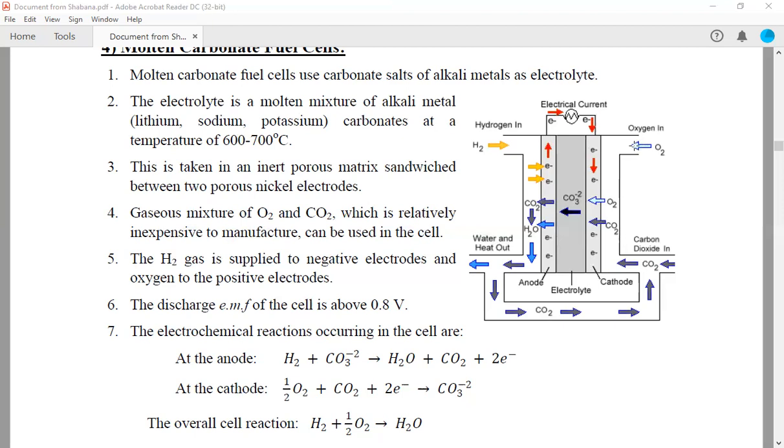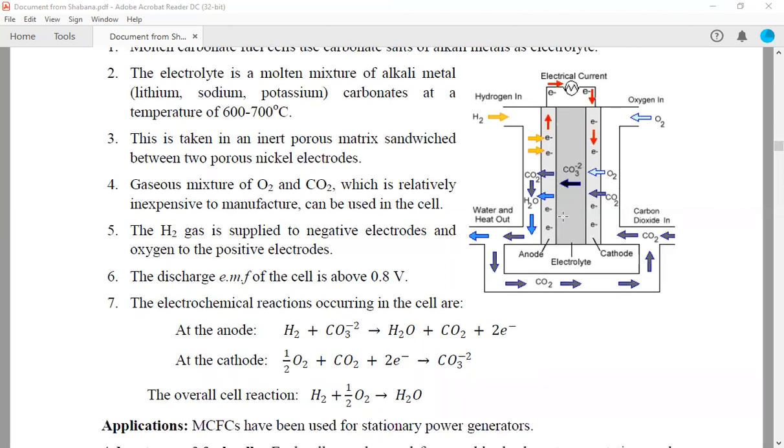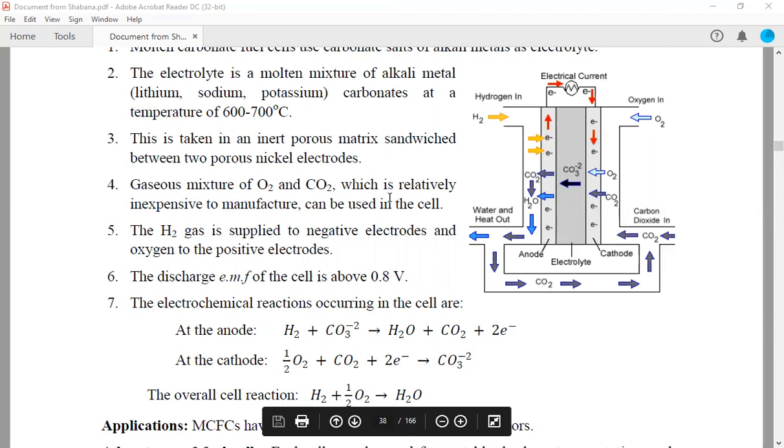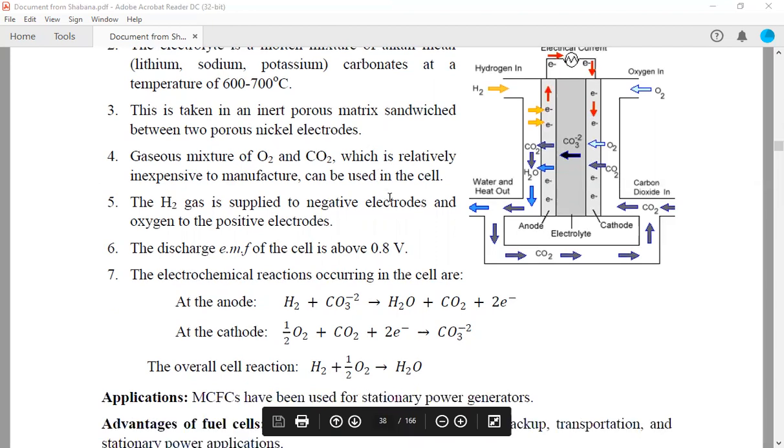The upcoming oxygen is made to react with the carbon dioxide and the electrons, and forms carbonate ion. This carbonate ion is moved into the solution, that is, the electrolyte. The overall reaction is H2 plus half O2 gives rise to a water molecule.